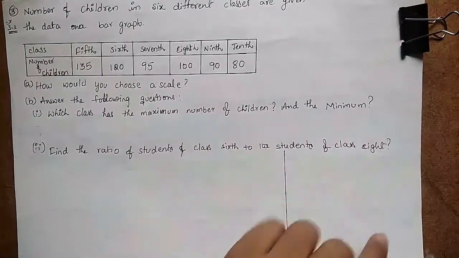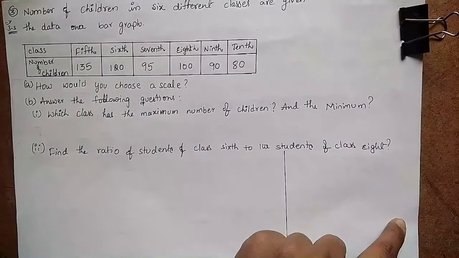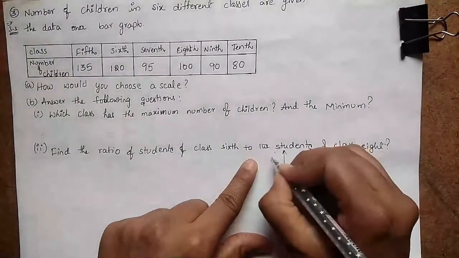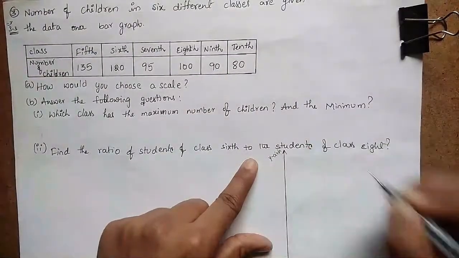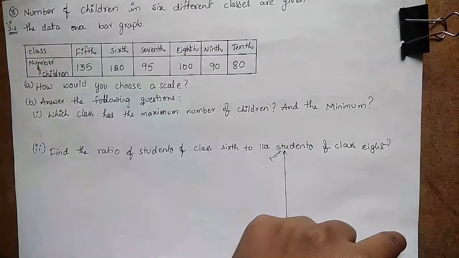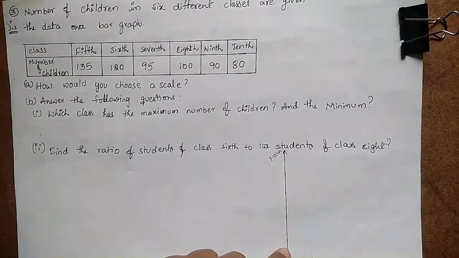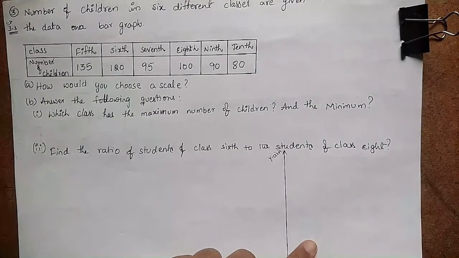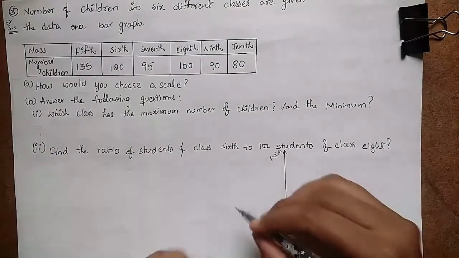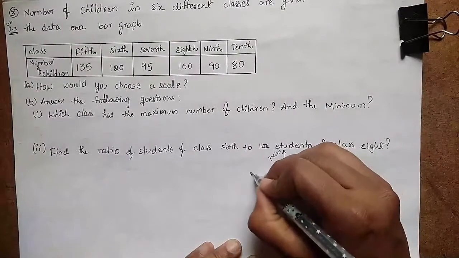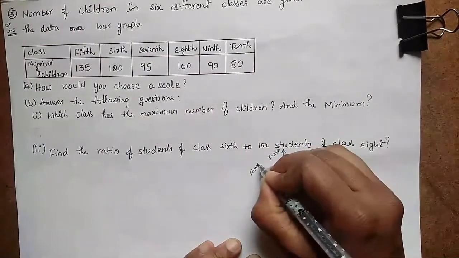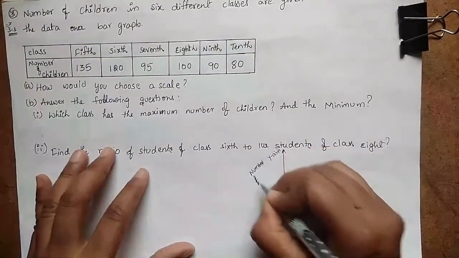Name them the x-axis and y-axis. On the x-axis we use class, and on the y-axis we use number of children.